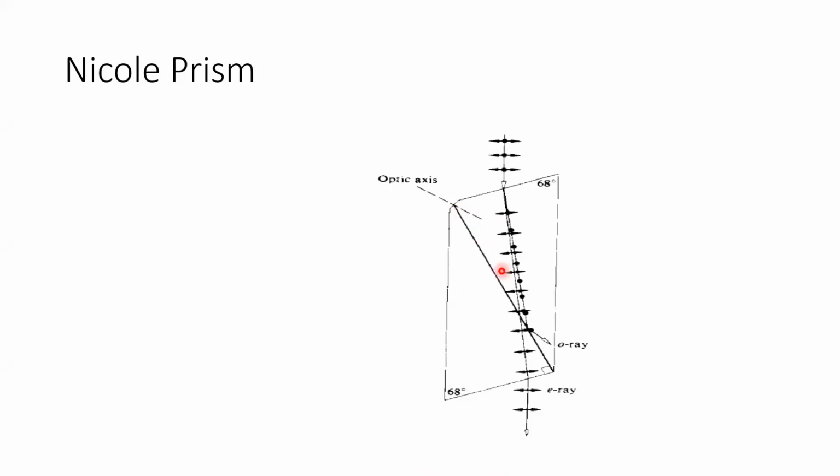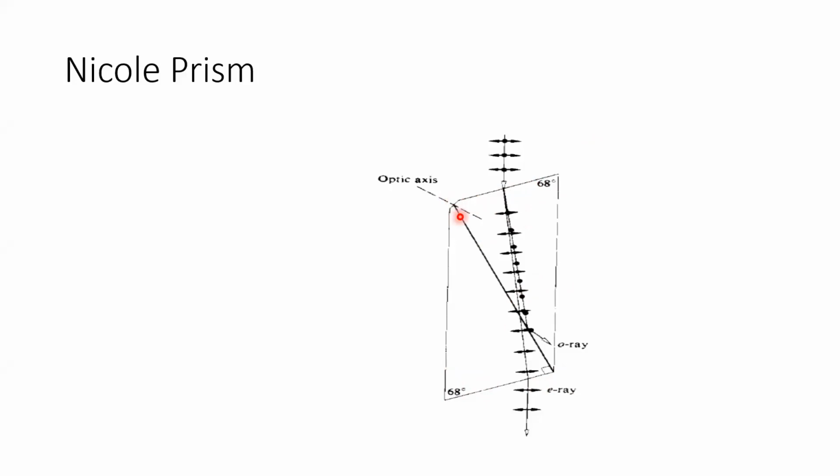This one is more of historical interest, a Nicol prism. A Nicol prism was used in the 19th century, early 20th century to produce a polarized beam of light. And how does it work? You take two prisms of calcite, this one and this one, and they are ground so that this angle is 68 degrees, and there's a reason why it's done, but let's not go into those details.